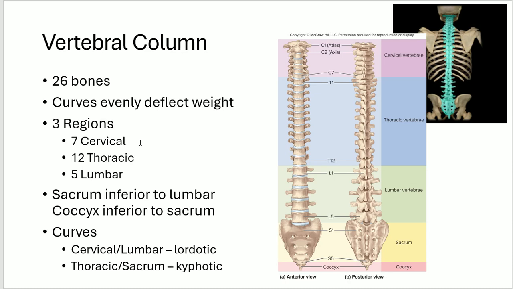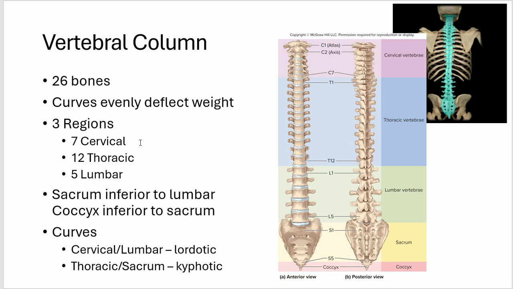We have 5 sacral bones. They are fused together. And then we typically have 3 coccygeal bones. That's the coccyx region, coccygeal. But 3 bones of the coccyx, they're also fused together. So if you were asked to run this, you would say 7 cervical, 12 thoracic, 5 lumbar, 5 sacral, and 3 coccyx.